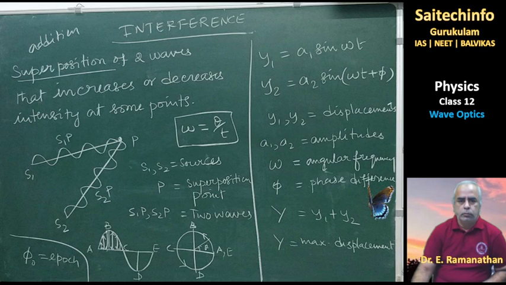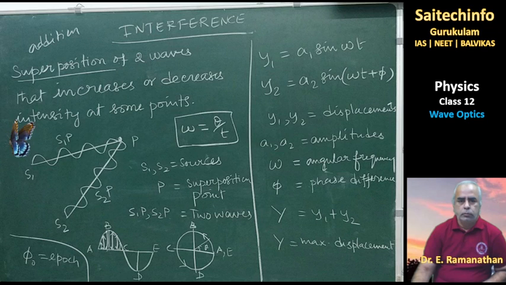Interference. Interference can be defined as the superposition of two waves that increases or decreases intensity at certain points. In some places it will result in positive interference, that results in bright spots, bright intensity.